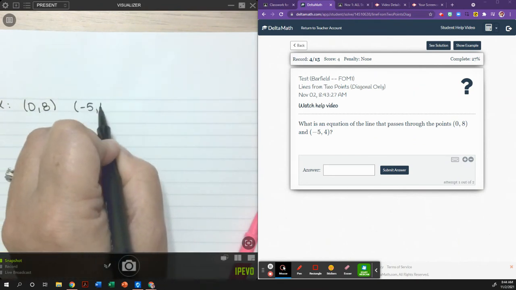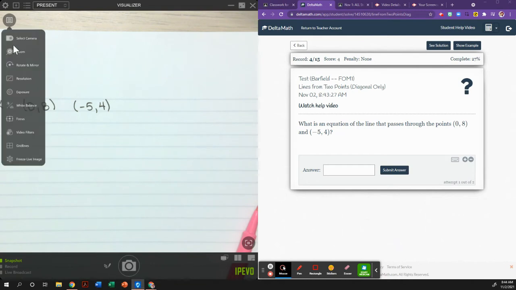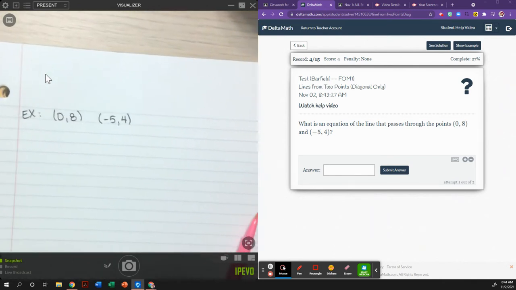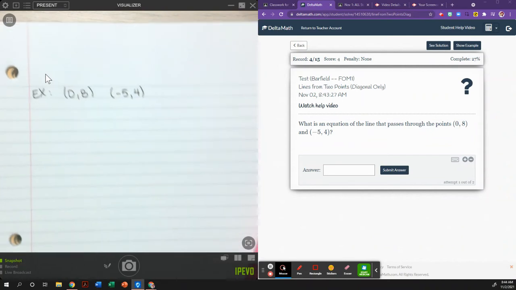The same 2 steps every time. All right, so let's find the slope. Let's label our points x1, y1, x2, y2.